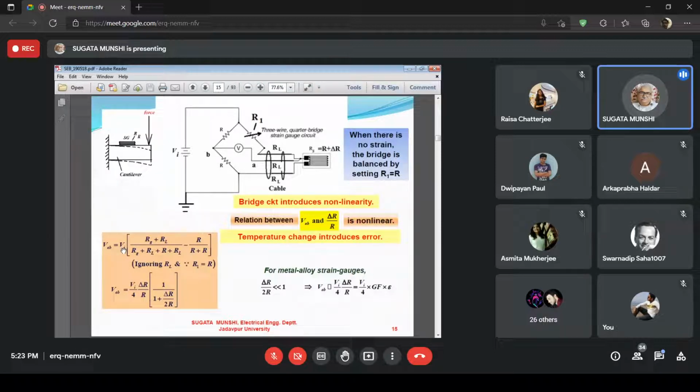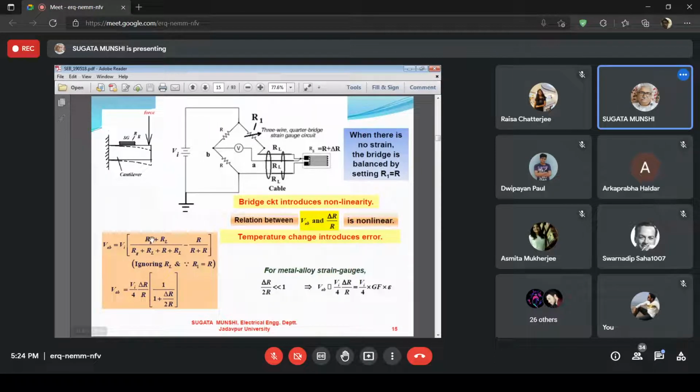If it were a null method of measurement, the effect of RL would have been very small. But when we are considering the direct readout method of measurement, that means by measuring VAB we want to have a measure of the strain, you see that inside the expression, RL is very much there. All right. Assuming that R1 is equal to R, this is the expression.